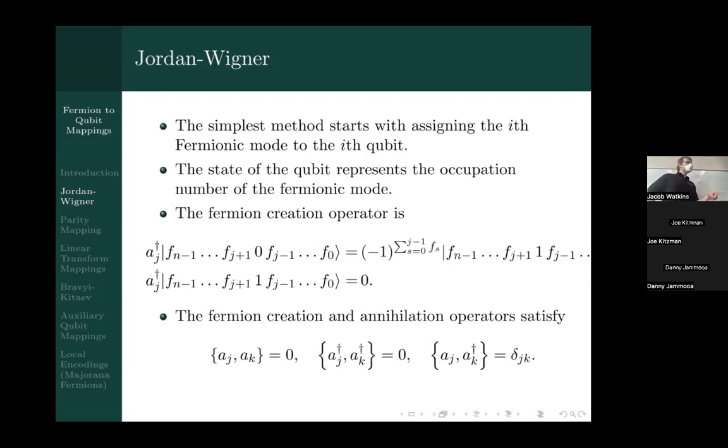That's a good question. The annihilation operator, which is the a_j without a dagger, would do exactly what you're saying. This is also a creation operator. Sorry, to save space, I just listed the creation operator.